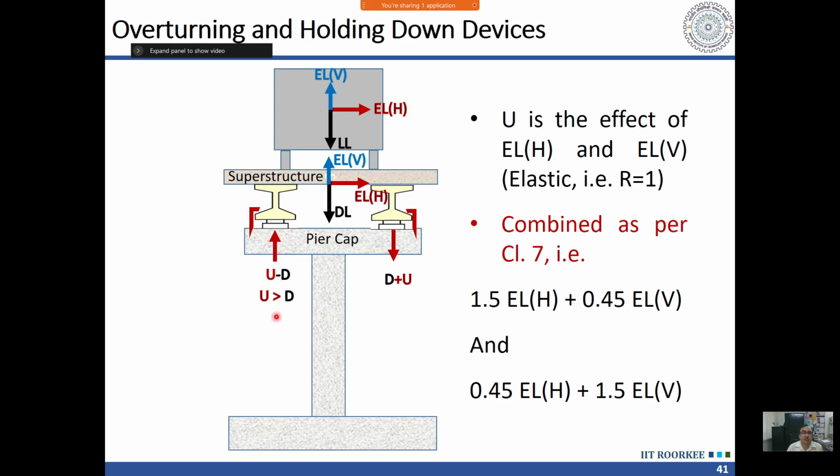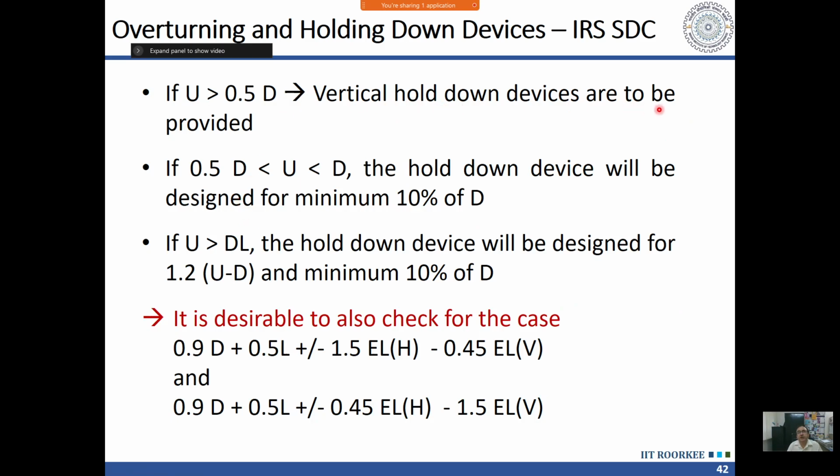Maybe somebody who is familiar with the original formulation may perhaps educate, but what I feel is that the horizontal and vertical earthquake force should be considered for dead load as well as live load, and it will be conservative in any case if we consider the downward force due to dead load alone. If the upward force exceeds 50% of the downward force, then we have to design for vertical hold down devices.